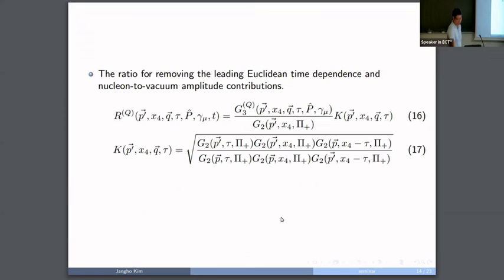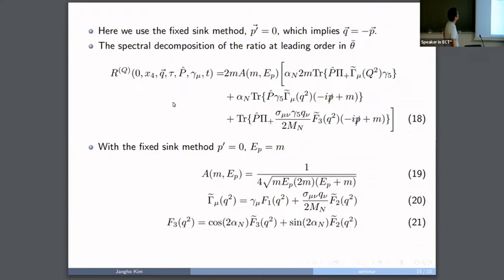Okay, so here we also define the ratio of the 3-point and 2-point functions, and we multiply by this K factor to remove the nucleon time dependence. We also use the fixed sink method.